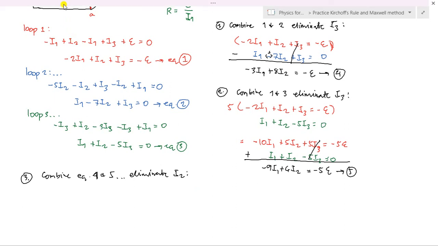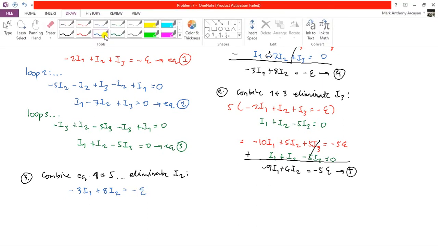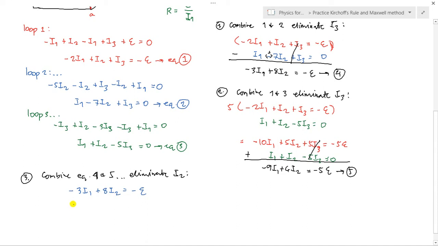Okay. So next, write these two. For equation 4, we have negative 3I1 plus 8I2 is equal to negative e. And for equation 5, we have negative 9I1 plus 6I2 is equal to negative 5e.